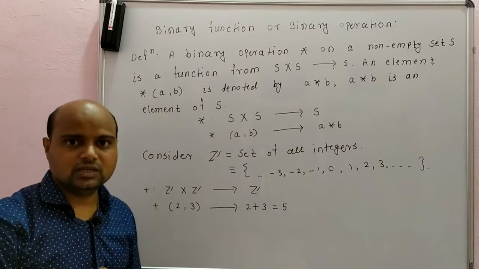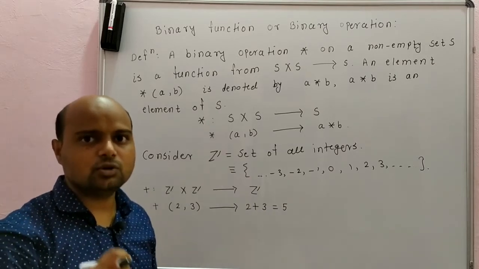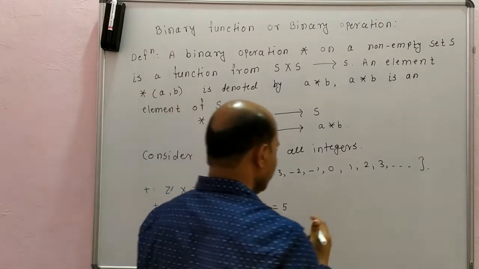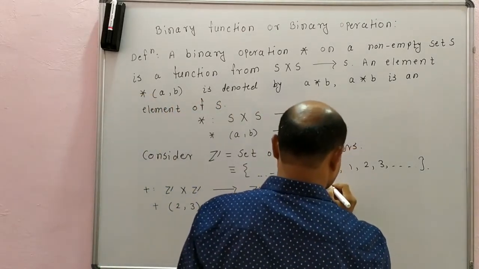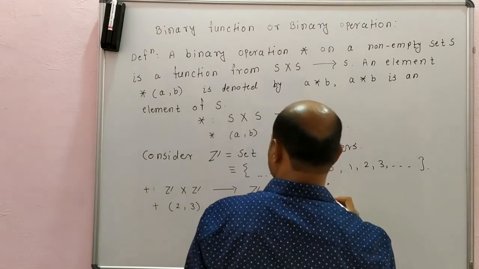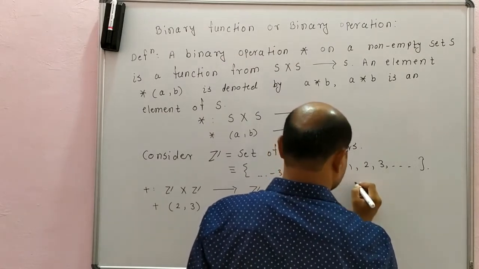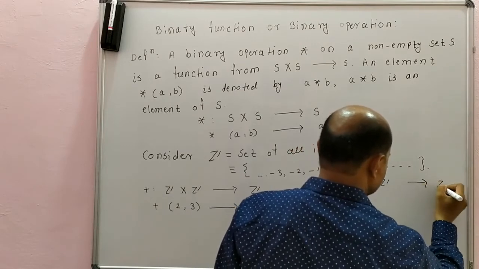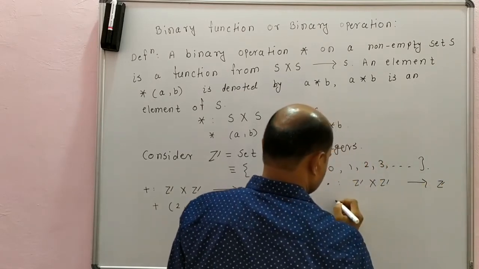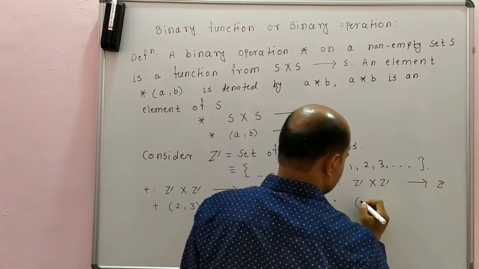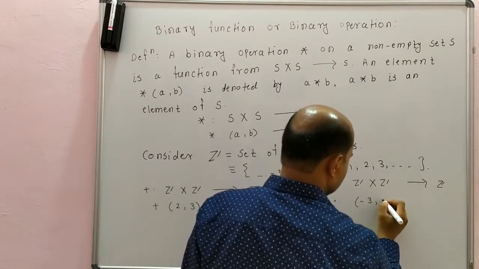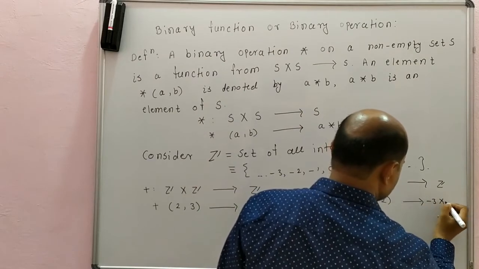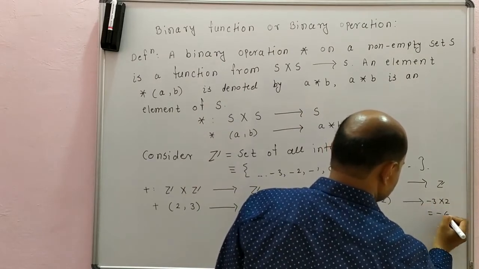Similarly, we can see multiplication is also a binary operation on Z. We can multiply any two numbers and we get again an integer, Z cross Z to Z. Multiplication of minus 3 and 2 goes to minus 6.